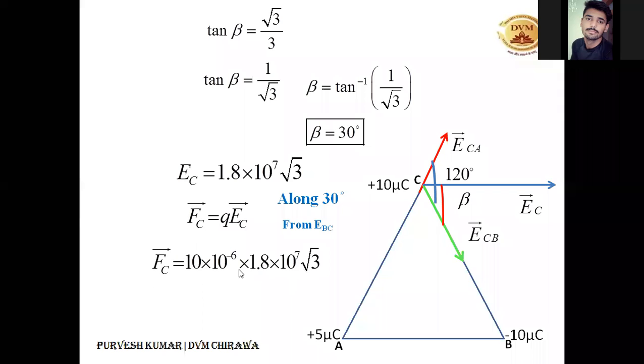Solving it up, you are left with 180 root 3 Newton. The direction of this force is along the electric field, because in this formula only the electric field is a vector and charge is a scalar. So the direction is 30 degrees from ECB. This is the same result that we obtained in the previous one.